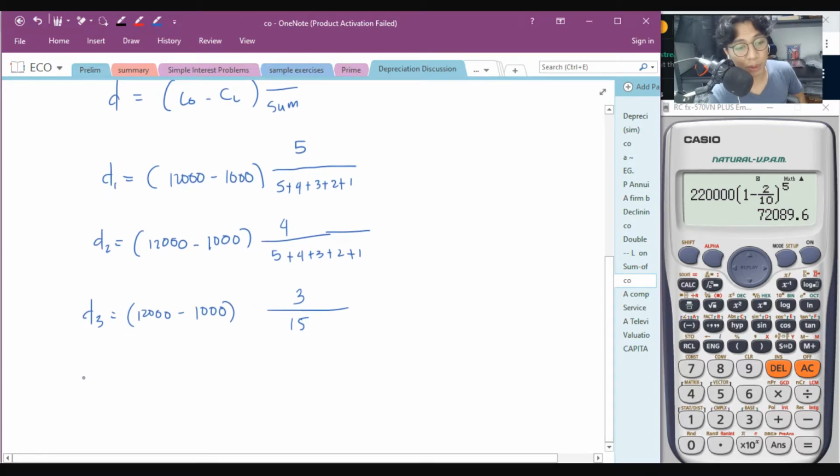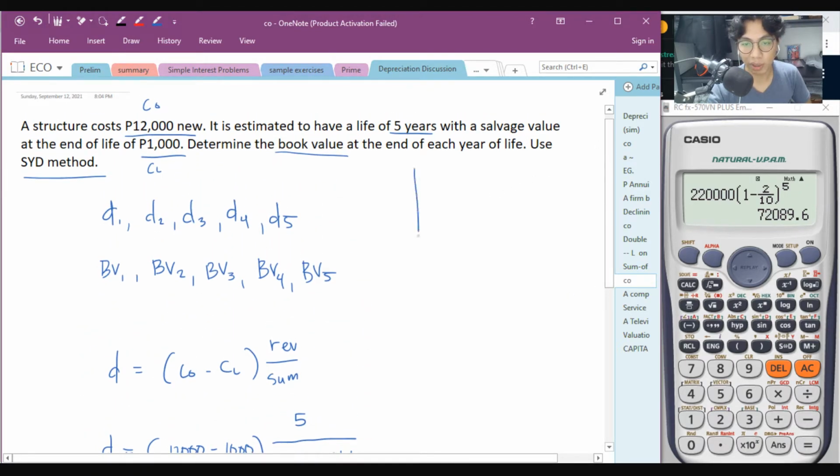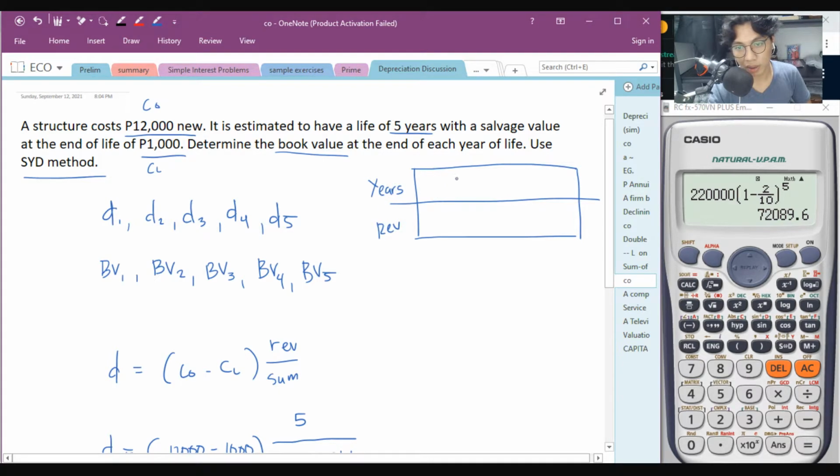How about D4? Meron kang 12,000 minus 1,000. So, the fourth year, tignan nyo ito the reverse digit. Kung nalilito kayo sa pagbibilang, ito yan. So, these are the years, 1, 2, 3, 4, 5.